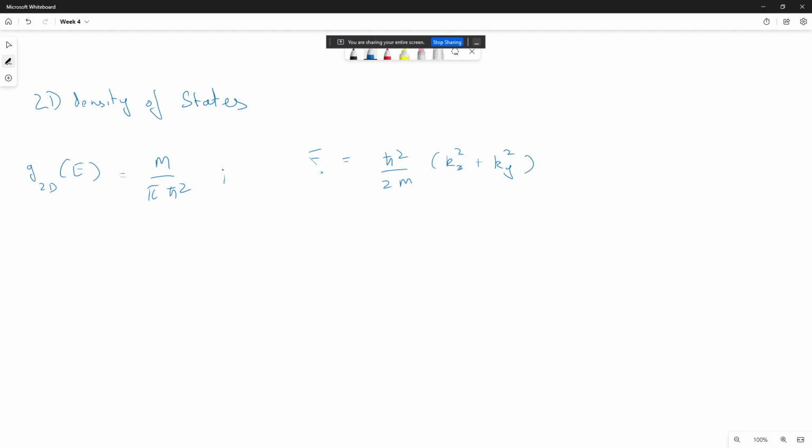This is the general expression for the energy, more precisely the kinetic energy of an electron in a 2D system, correct? Yes, sir. So this is kind of where we start. First, can everybody see the whiteboard?